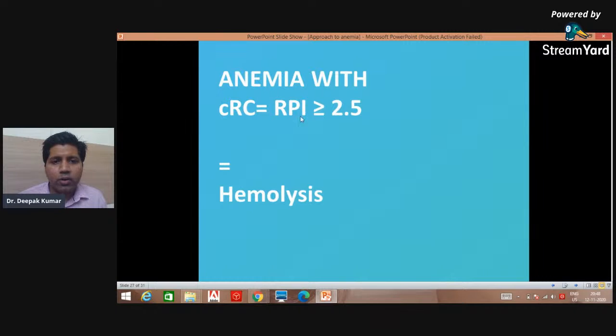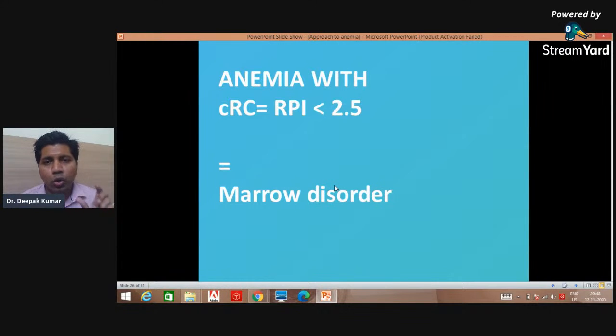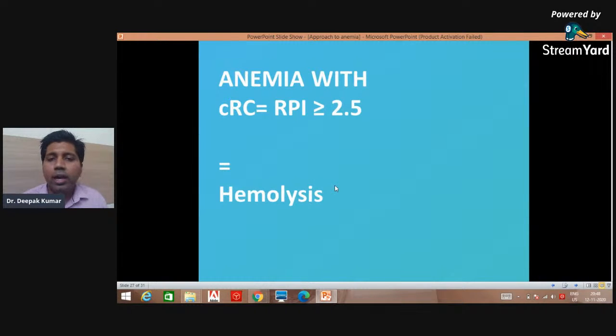The corrected reticulocyte count is more than 2.5, and that shows that the marrow is producing cells, compensating for the hemolysis that is happening. So this is how you will initially approach anemia to divide it into two groups: either decreased production as in marrow disorder, or increased destruction as in hemolysis.